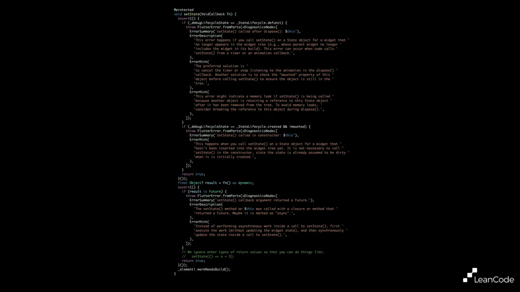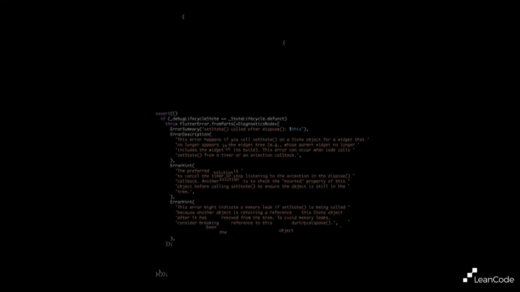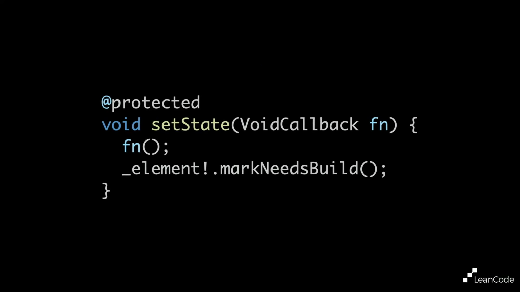A lot of code is just assertions, because there are a lot of developers around the world that use Flutter, and the Flutter team wants them to know why they use it in the wrong way, or how to fix it, what are the common mistakes with setState. And also, you need a lot of Dart documentation for that, because you write a framework. But at the end of the day, from the functional perspective, you only have 2 lines of functional code.